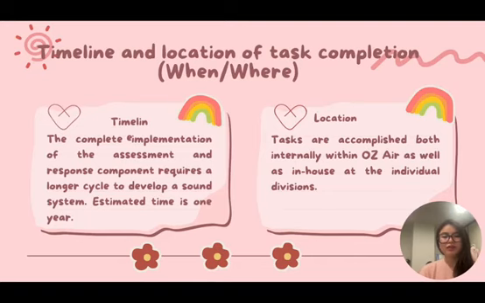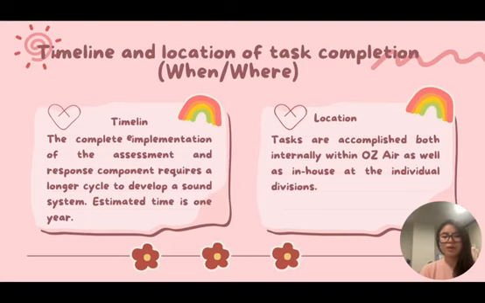So it will take a longer time to set up the well-developed system cycle, which we assume here to be 1 year.